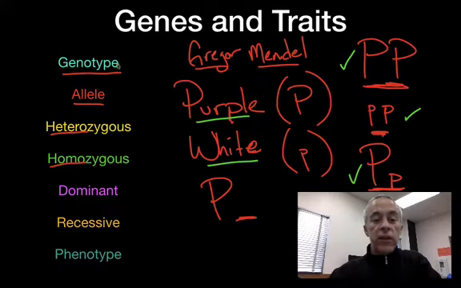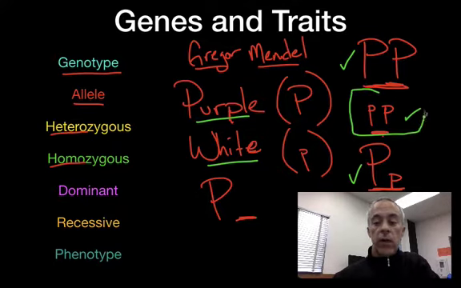So genotype is what's in our DNA, tells us what alleles we have for a particular gene, whether we're heterozygous or homozygous for that particular gene. And then that's going to determine whether we have the dominant or the recessive phenotype. And so again, here you see there's two ways that you can get the dominant phenotype, but there's only one way you can get the recessive.